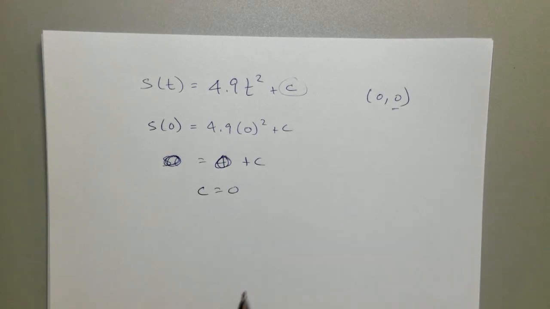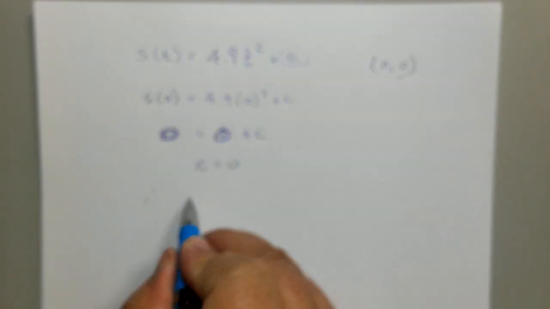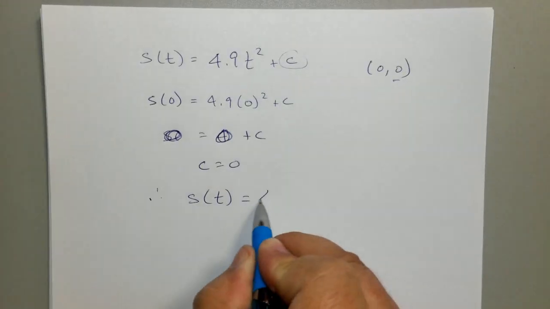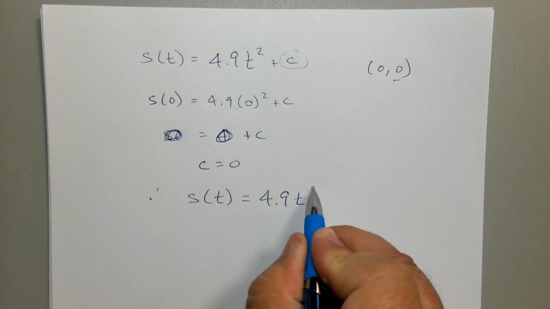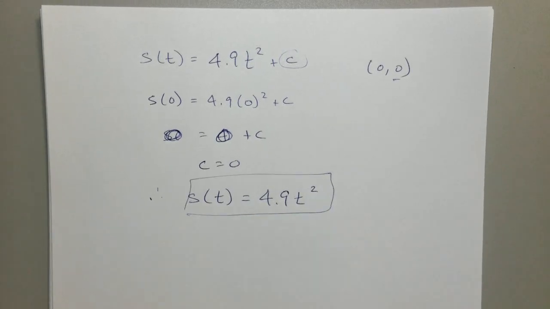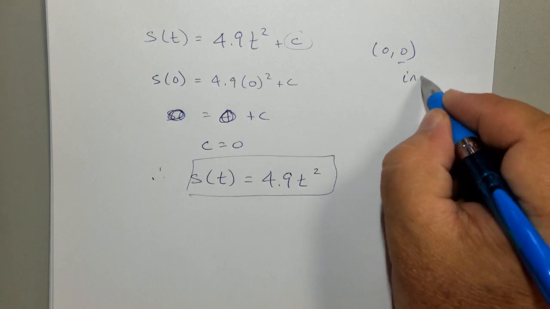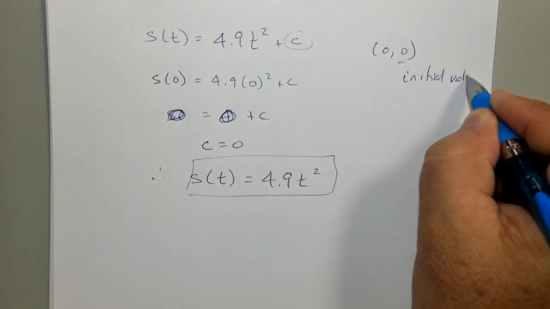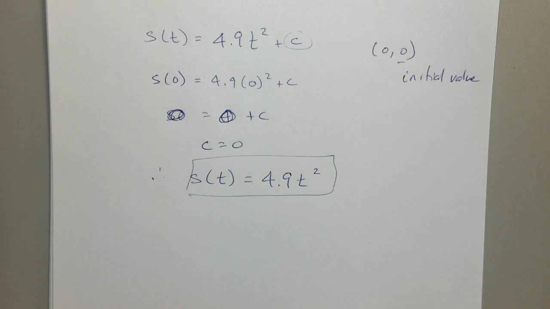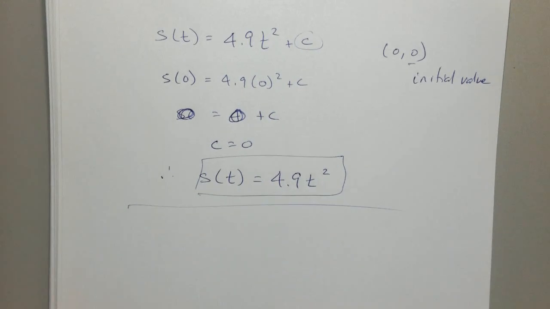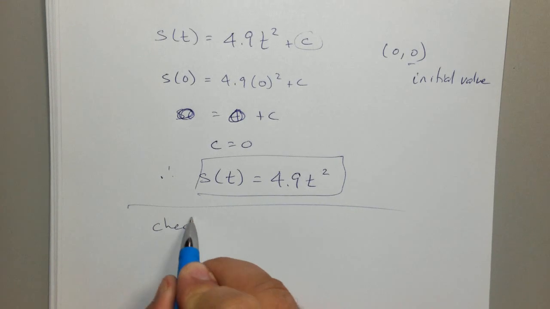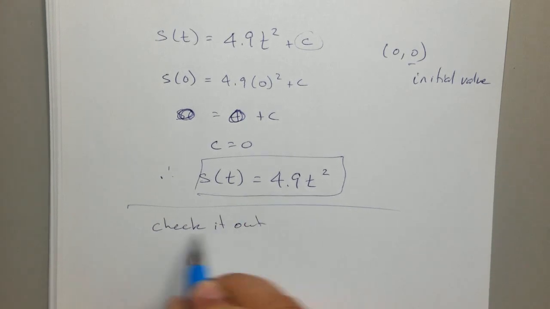So the c value is 0, which tells us our position function is determined by the equation 4.9 t squared. Remember, we have to look at the initial value. Check your answer.